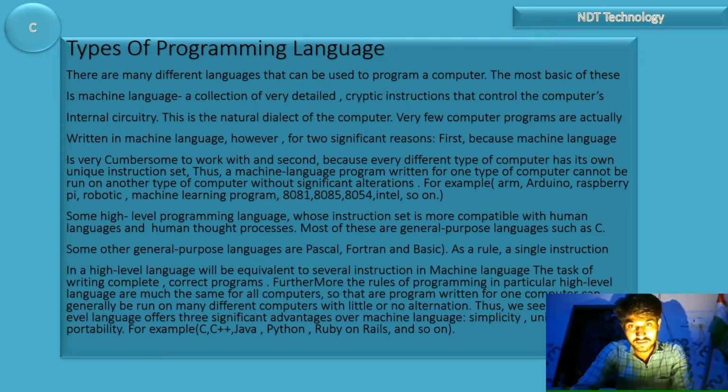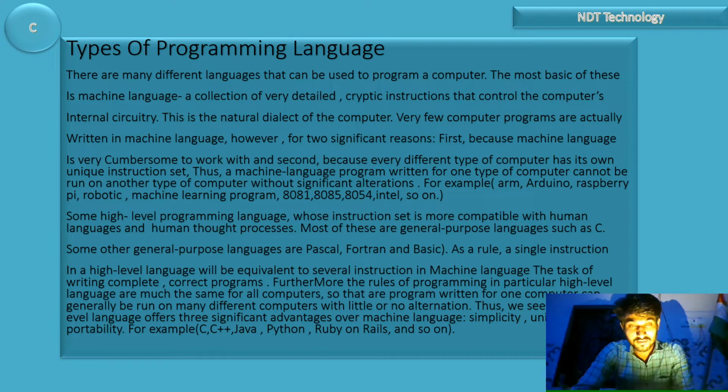And because every different type of computer has its own unique instruction set. Like if you are using any Motorola mobile phone, its instruction set is different. If you are using the latest iPhone 14, its instruction set is different. And if you are using any Nokia 3310, or any Realme, Oppo, and so many smartphones nowadays coming in the markets, there is a huge difference between these devices, alright. So that's why the instruction set is different according to machine language.